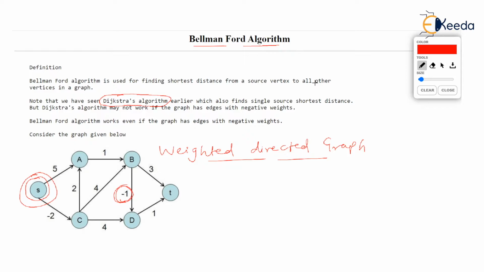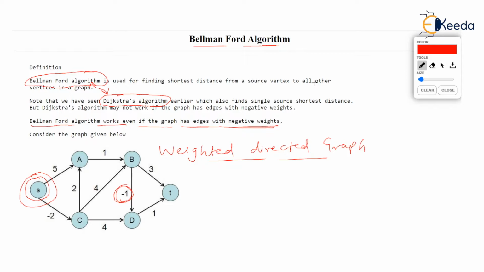But Bellman-Ford's algorithm will work even if the graph has edges with negative weights. So that's what Bellman-Ford algorithm is. It solves the same problem as Dijkstra's algorithm. Both are meant for the same aim. We want to find the shortest distance from source to all other destinations.